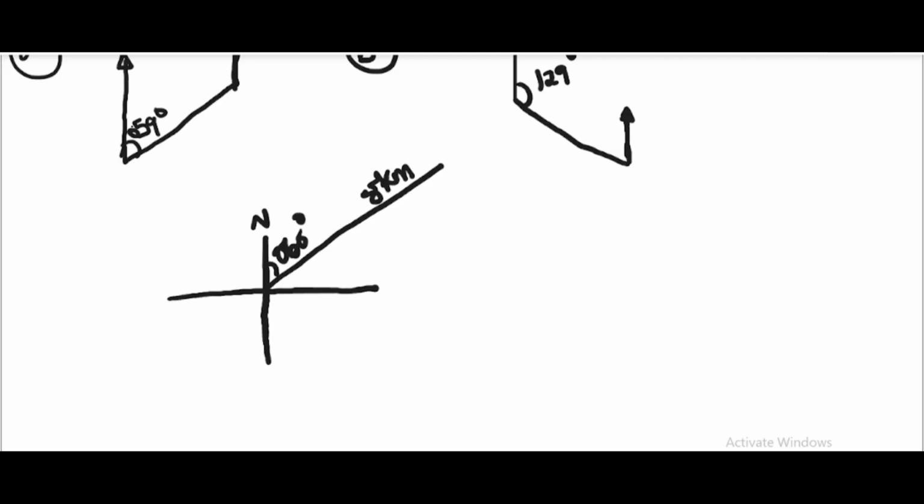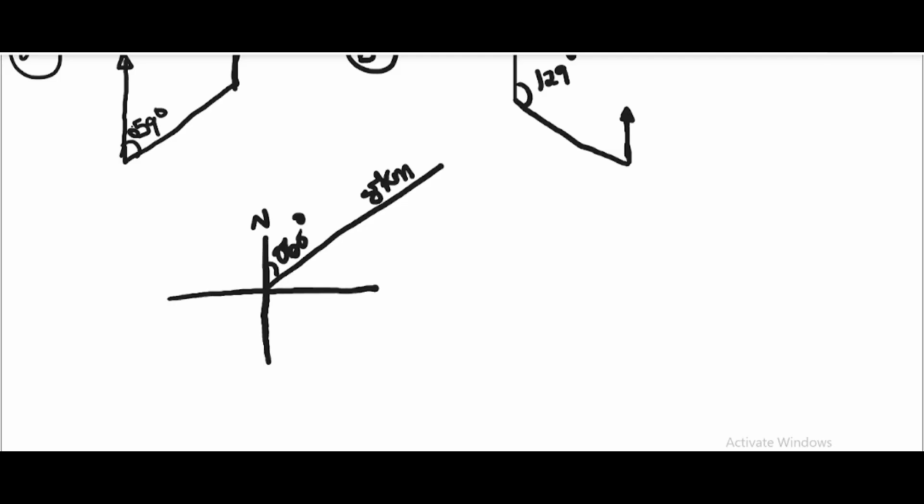If the bearing of A from B is 119, in which quadrant should 119 be? It should be in the second quadrant, right? So now, locating it in the second quadrant, I have another position here.